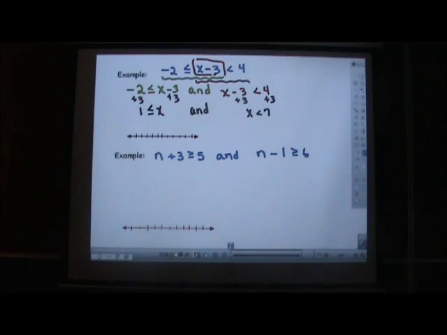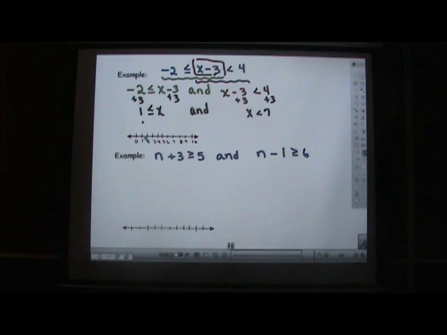Now as I go to graph this, I need to do a little thinking, so I'm going to do my thinking above the number line, and then I'll bring my solution down to the number line. So let me number the graph that I have here. I think I can start with 0 and work my way forward. If I were going to graph 1 is less than or equal to x, that would be a closed circle at 1.